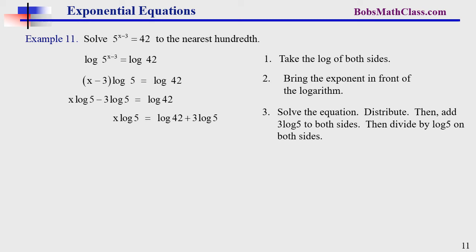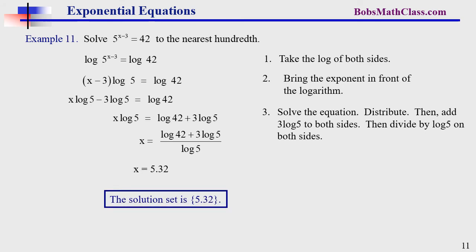Now we need to get the x by itself. So divide by log of 5 on both sides. Okay, now you could use your handy dandy calculator and you should get 5.32. And remember, that's rounded to the nearest hundredth.